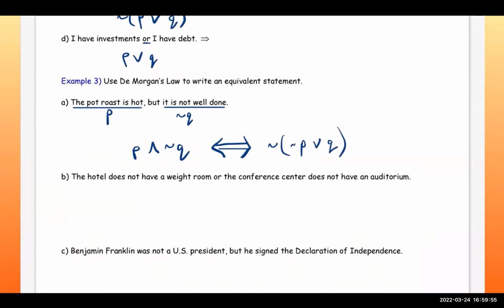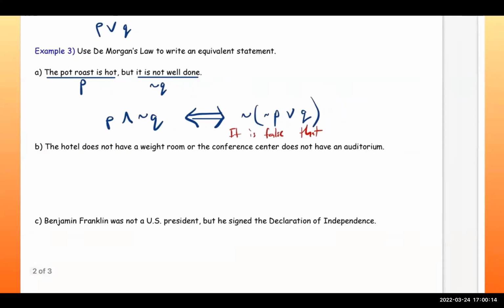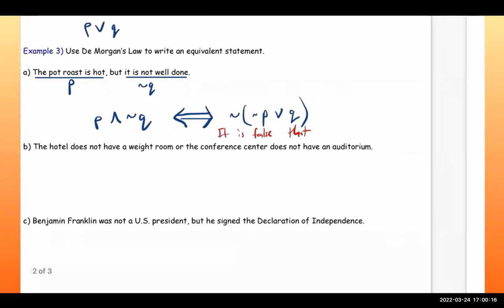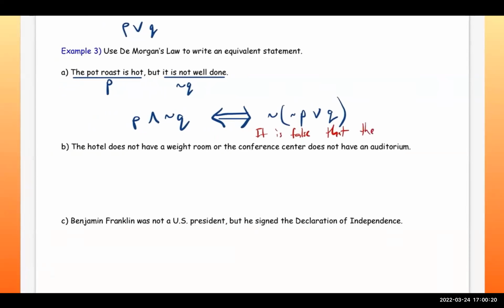All right, so in order to write that, we would have to write, it is false that, and then we follow up with the statement that's inside the parentheses, which is the pot roast is not hot, or it is well done.